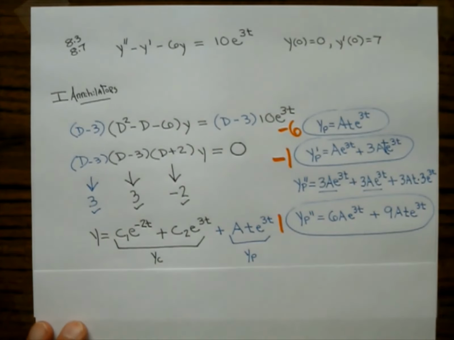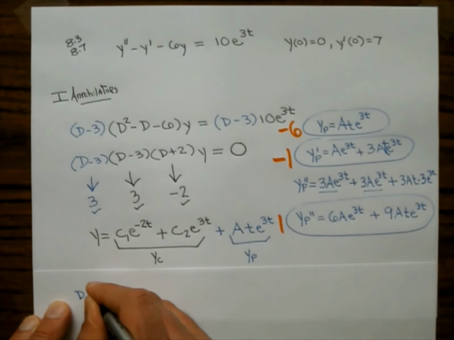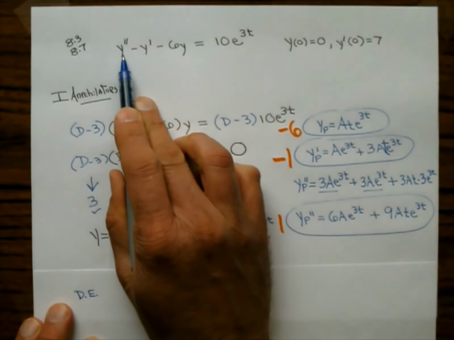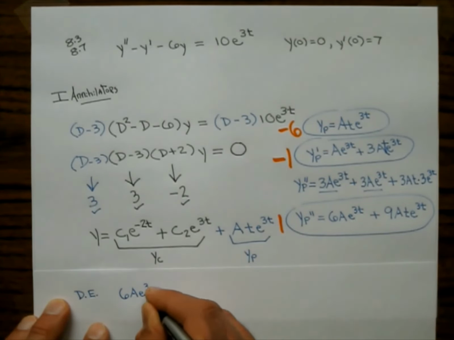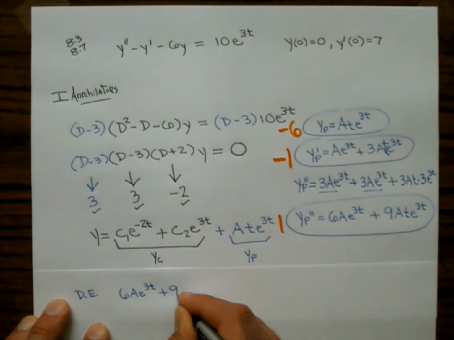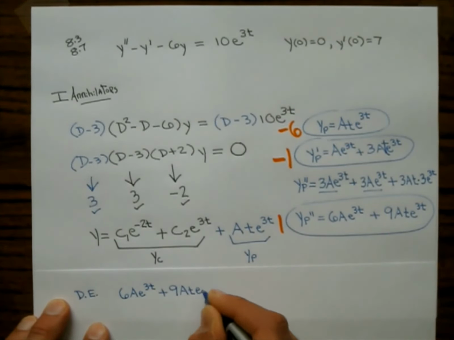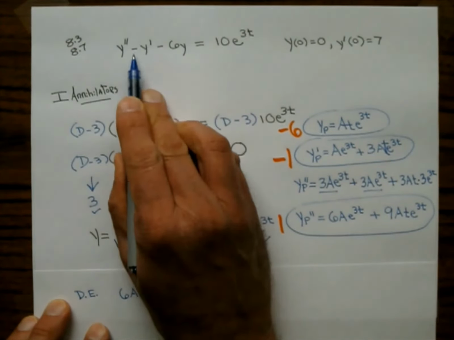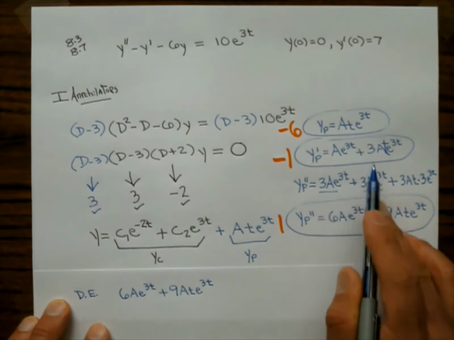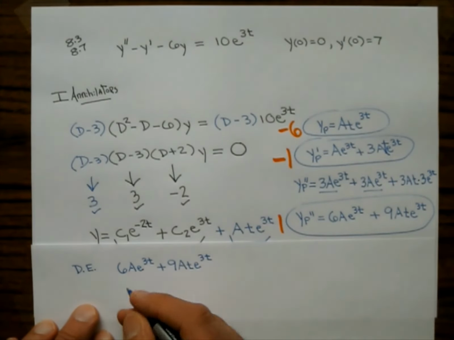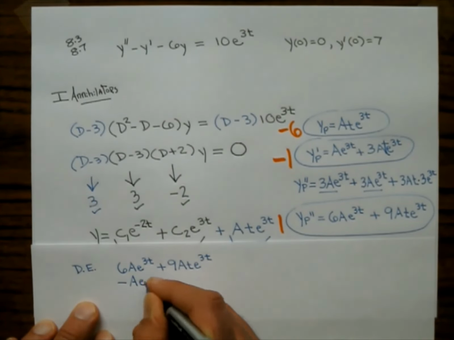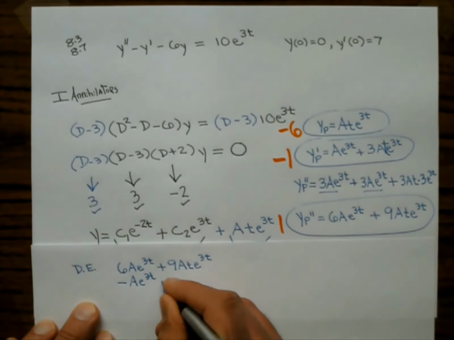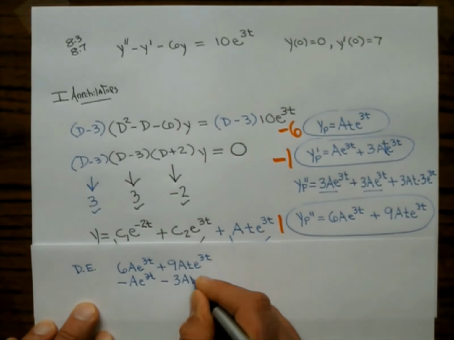So the differential equation looks like this. It's y double prime, so I'm going to write down one of those: 6a e to the 3t plus 9at e to the 3t, and then I have minus y prime, which is minus that, so I'm going to get minus a e to the 3t minus 3at e to the 3t.